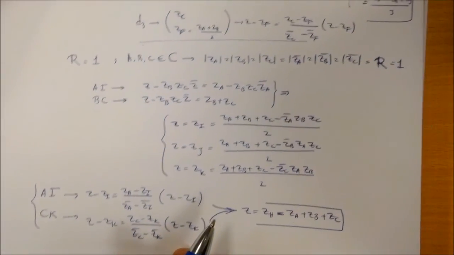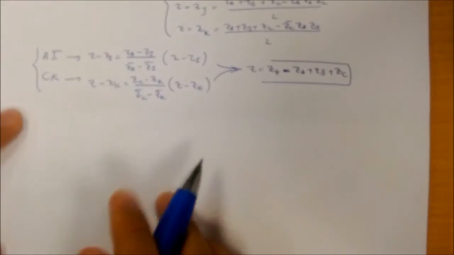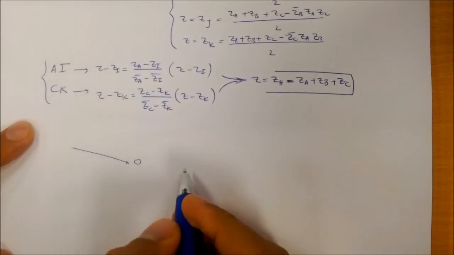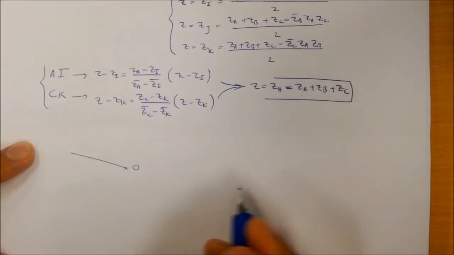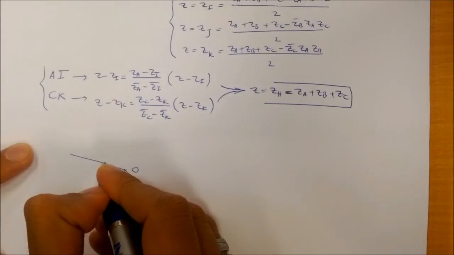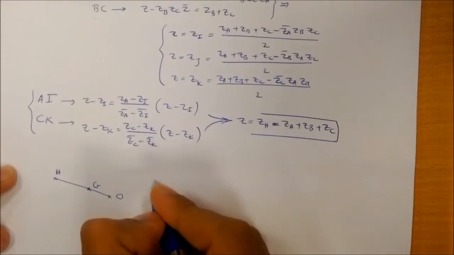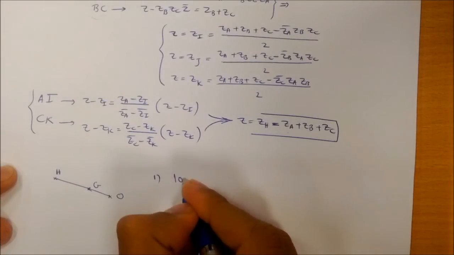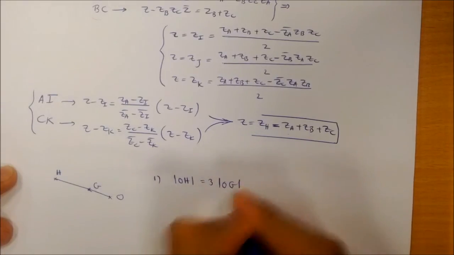So we can simply show the theorem, Euler's theorem, which states that if O is the center of the circumscribed circle of the triangle ABC, G is the centroid of the triangle, and H is the orthocenter of the triangle ABC, the first interesting thing is that the distance OH is 3 times the distance OG.